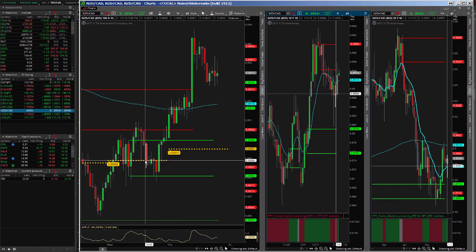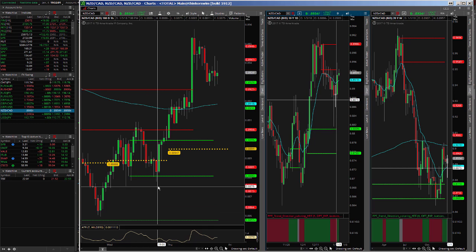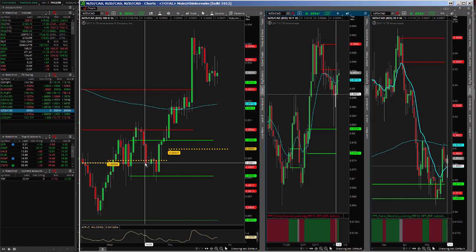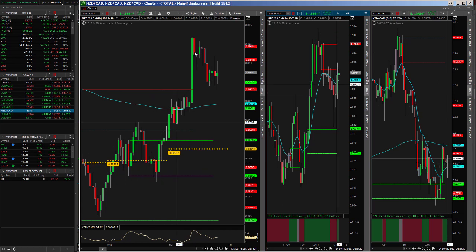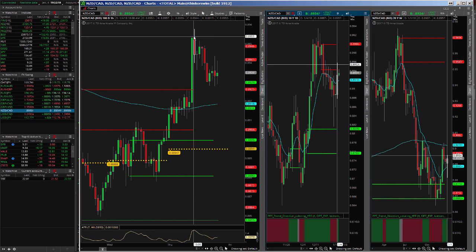So 88 minus 13 puts me down at 75, which is down here. You can see price did not make it to 75. Now, on a 13 pip stop, I'm looking at about a 65 pip target. The target would have been hit right up here around 52, 53.